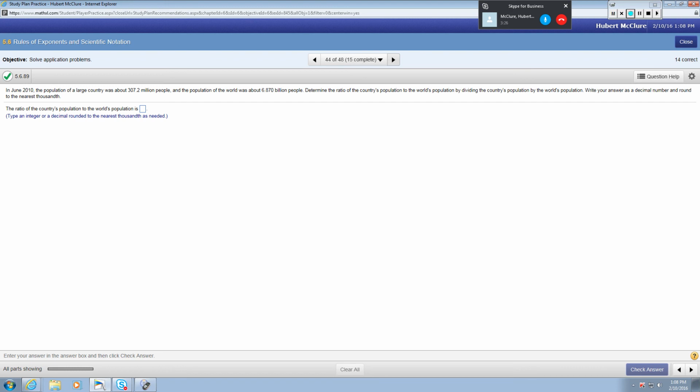Now the first thing I would do is write those in regular notation and then change them into scientific notation. So 307 million means that there's going to be a lot of zeros behind that 2. You just need to move it until you get 6 place values after the 307 million, so you got to have a 2, a 0, comma, 0, 0, 0.